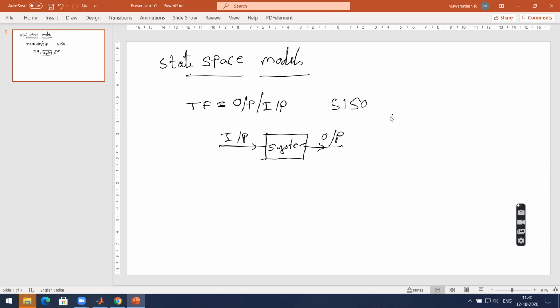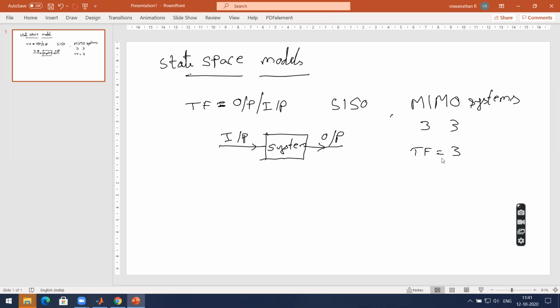But what about multiple input multiple output systems? Many systems will have multiple inputs and multiple outputs. For that kind of system, we cannot use this transfer function. Suppose it has 3 inputs and 3 outputs, then how many transfer functions do you need to use?